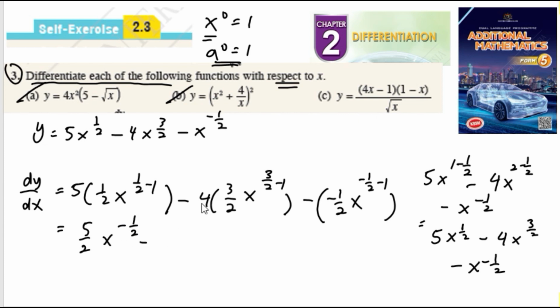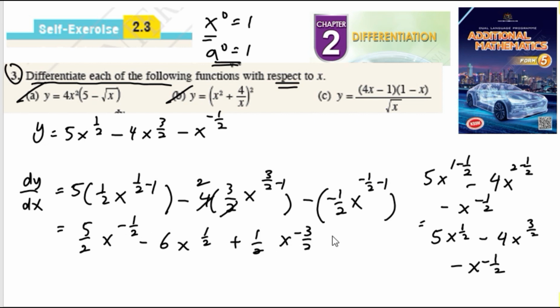Minus 4 times 3 over 2, you can cut this one, negative 2 times 3, you get 6. So x to the 3 over 2 minus 1, you get half. And this one negative and negative, you get positive half. So x to the negative half minus 1, you get x to the negative 3 over 2.